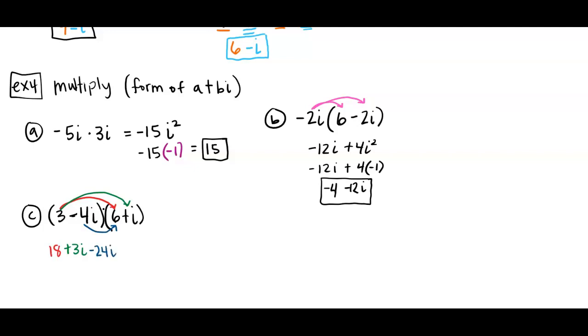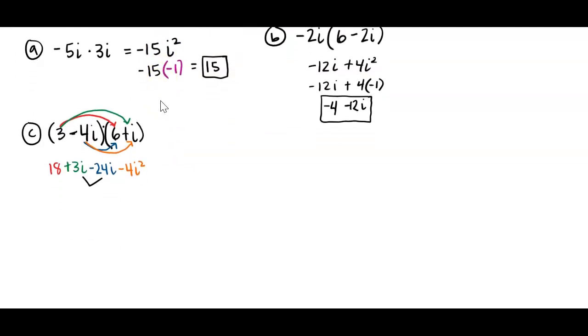And then negative 4i times i is negative 4i squared. All right, so it's the same kind of thing that we were doing before when we FOIL these together. But now I can see I've got some like terms, those i's in the middle, that I can combine together, and I need to change that i squared to a negative 1. All right, so there's more simplifying that I can do here.